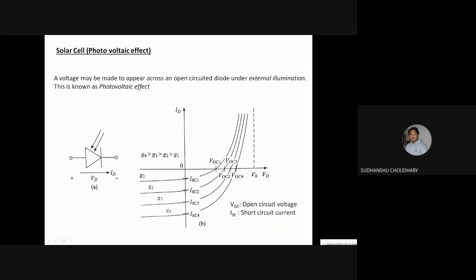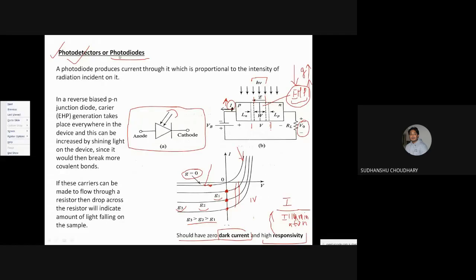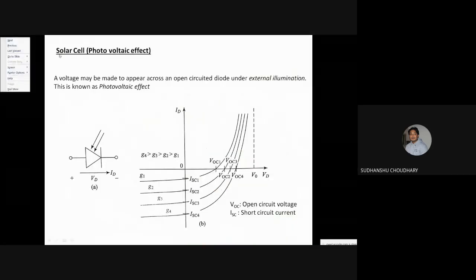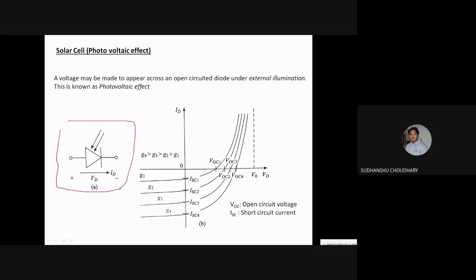Now, similar to photodiodes or photodetectors, the principle of a solar cell is also the same as photodiodes. In fact, solar cells are represented by the same symbol as a photodiode. But the solar cell is operated in open circuit mode. You don't connect any bias or any resistor.